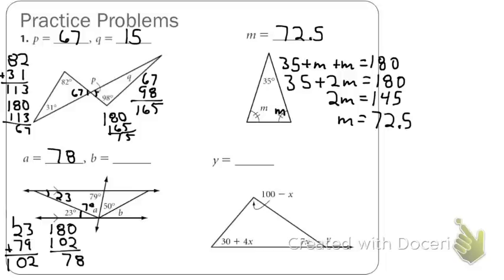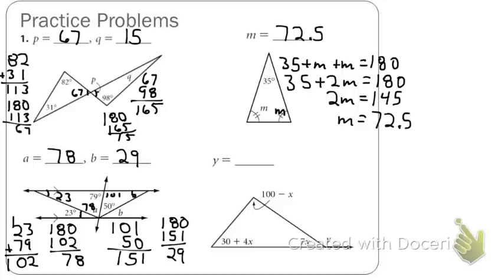Now, furthermore, I can take that B and move it up to its alternate interior. And then I have 50 in B, and I need another angle. But 79 and the angle next to it are a linear pair, so that would actually be 101. So 101 plus 50 is 151, and then we subtract that from 180, and we get 29 degrees.